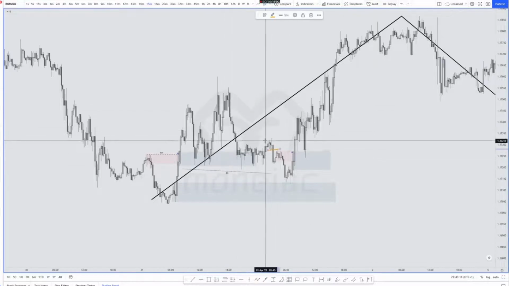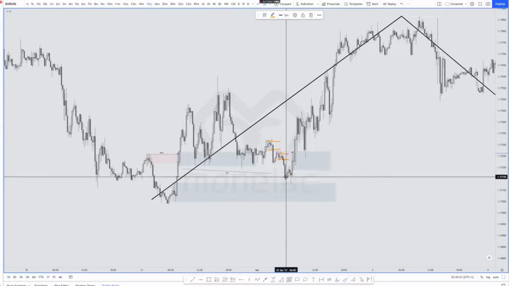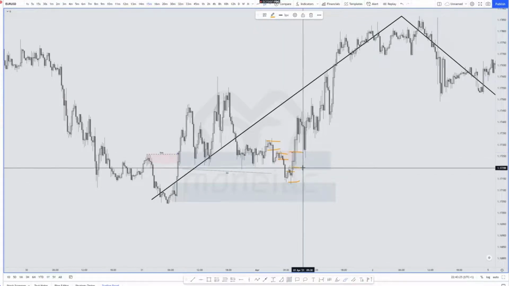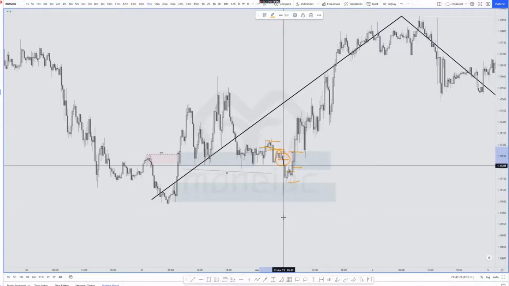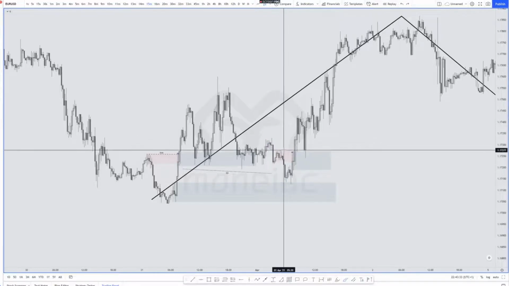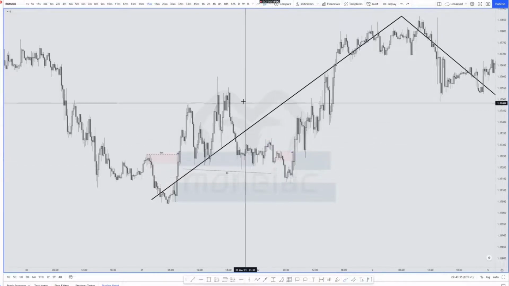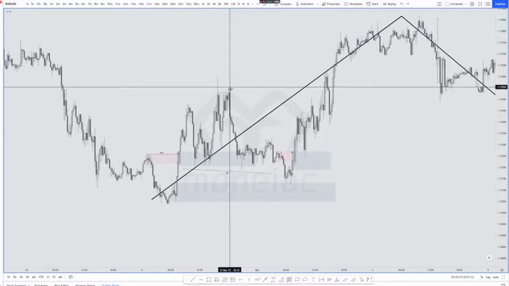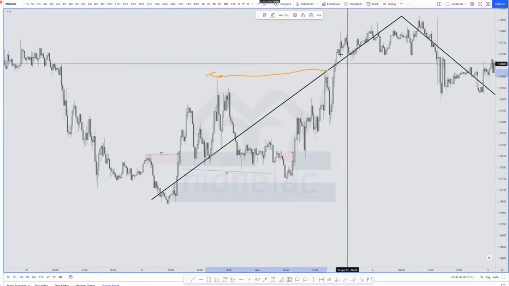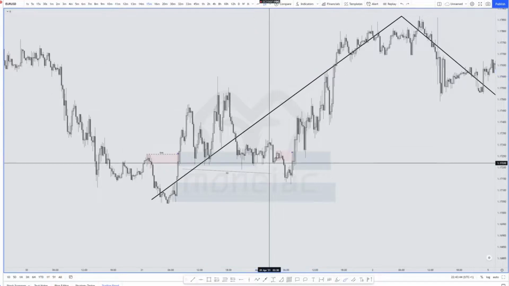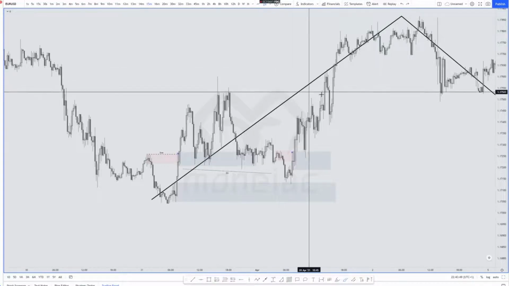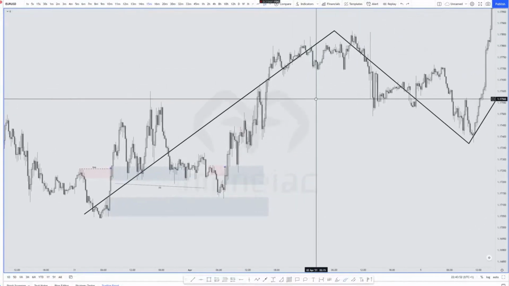Supply's in control here, demand starts taking control but doesn't fully take control till this supply fails. So at this point we can make an assumption that if this supply fails, we can maybe expect the next one to fail. Not necessarily confirmed till this high goes, but once this high goes and we are bullish, we can start creating a trade idea that the trend is likely to continue up.